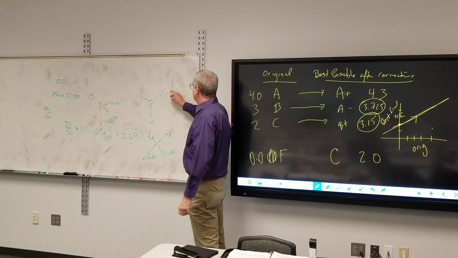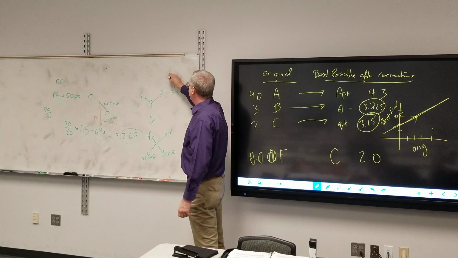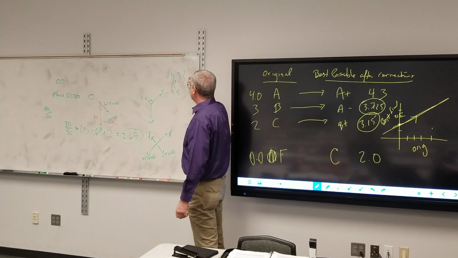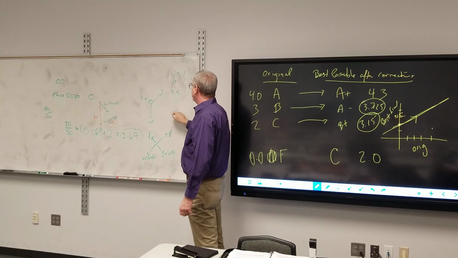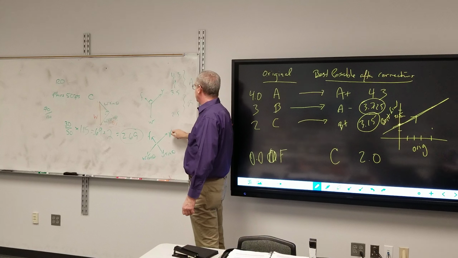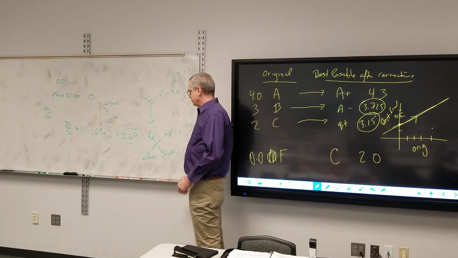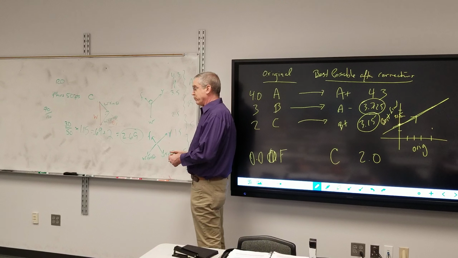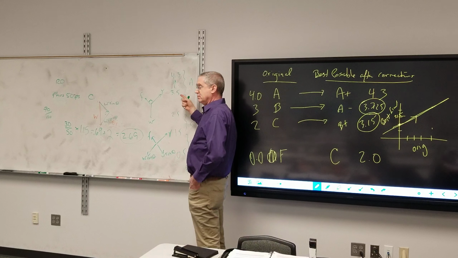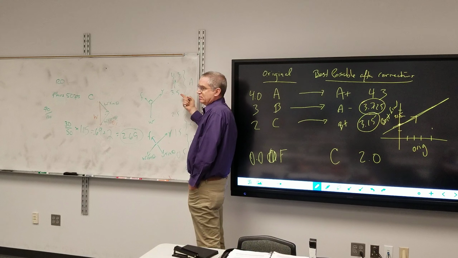So 3.5 to 4.3 is the A range, and then 2.5 is B, 1.5 is C. So if your final average is 3.5, you're getting an A in the class.